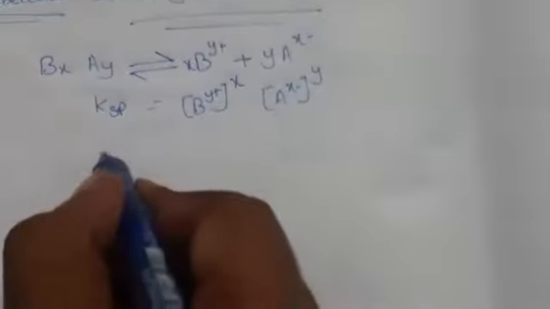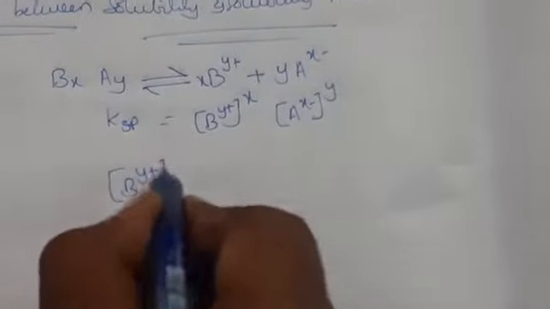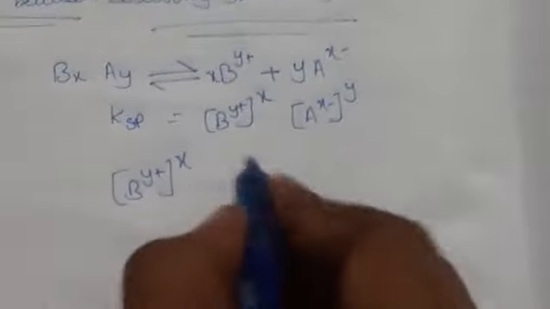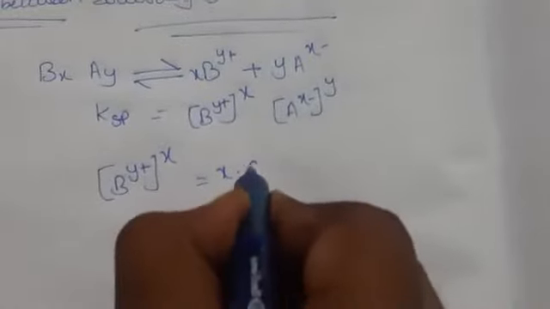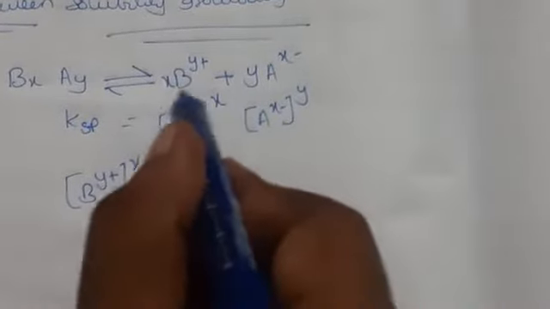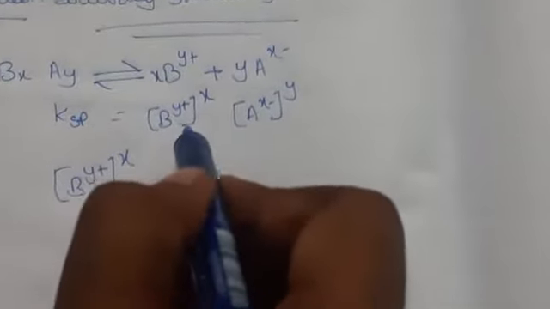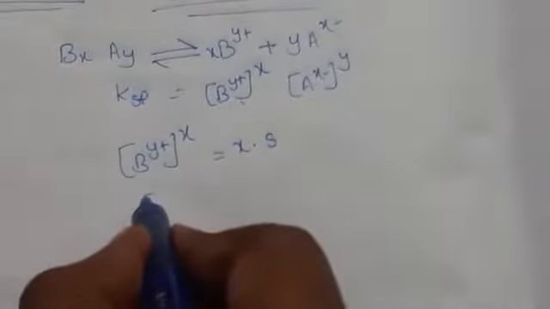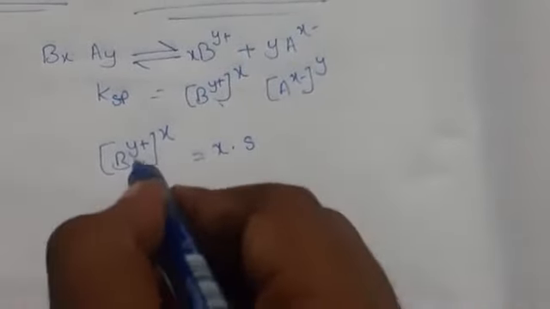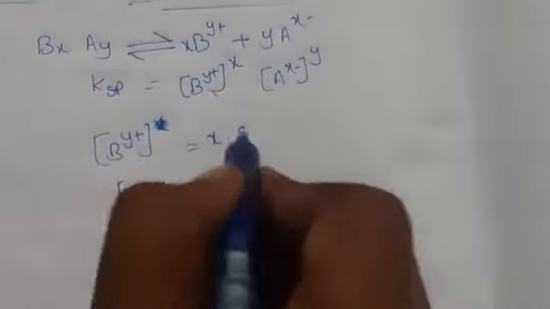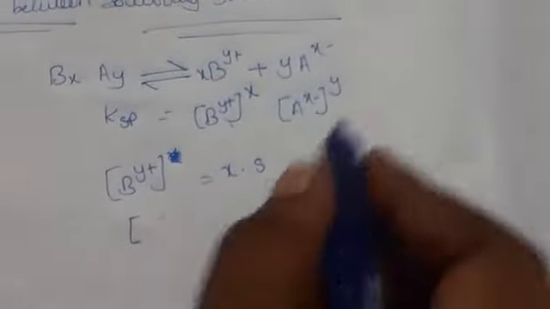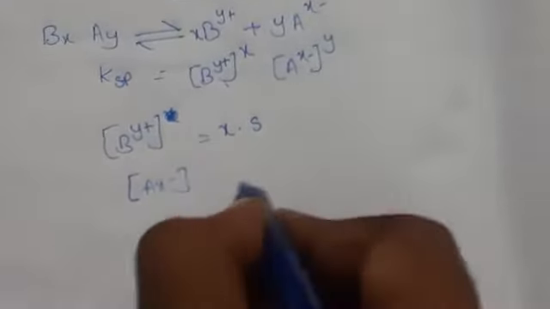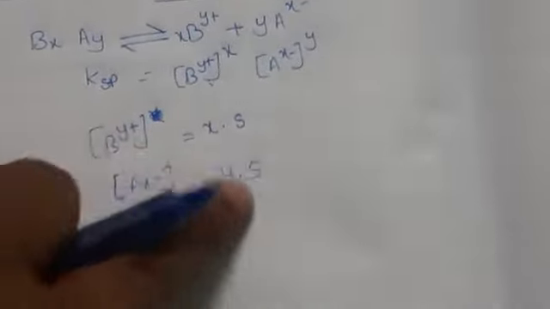Okay, if suppose you are going to dissolve this compound, By plus x, then you are going to write it as x into S. Okay, see here, we are going to dissolve only the By plus ions, then you write x into S. After that, for Ax minus, that is y into S. So this is soluble in x moles, this is soluble in y moles.